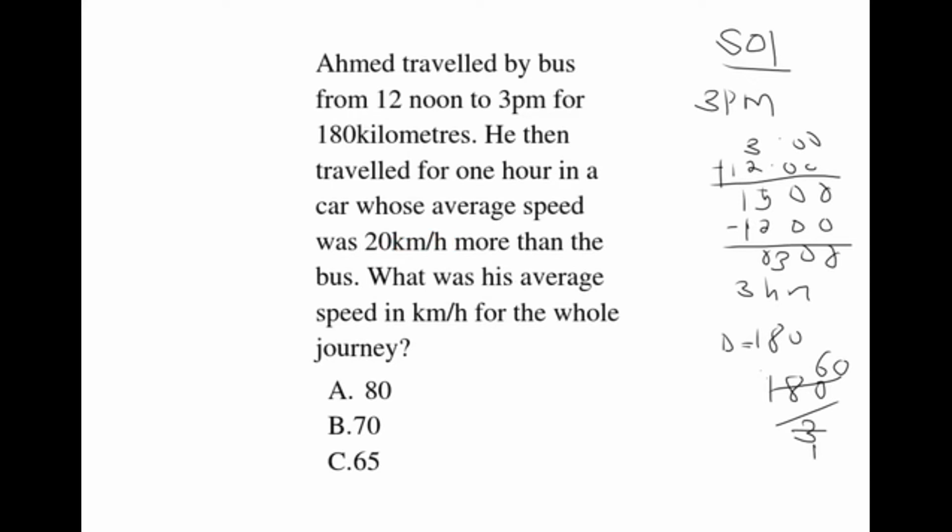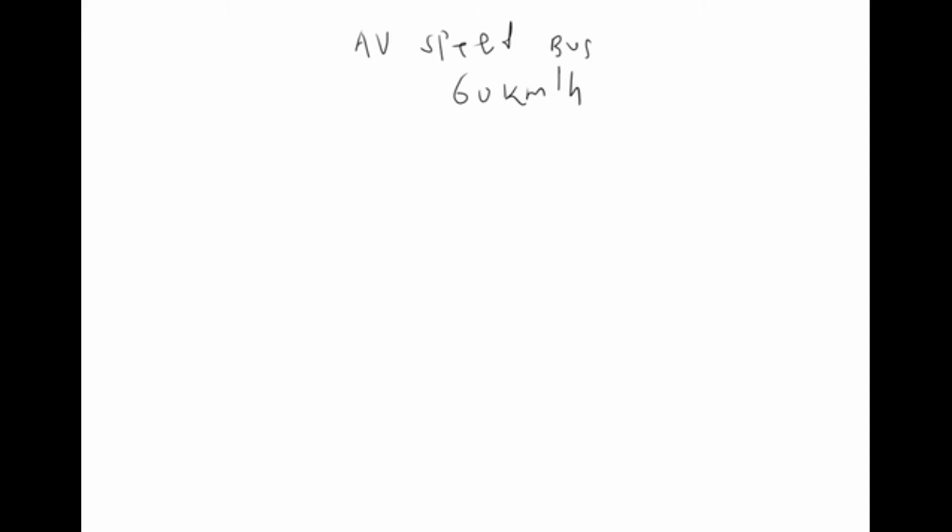So we get 60, we add 20. So we have average speed for the car, 60 plus 20. So the average speed for the car is 80 kilometers per hour.